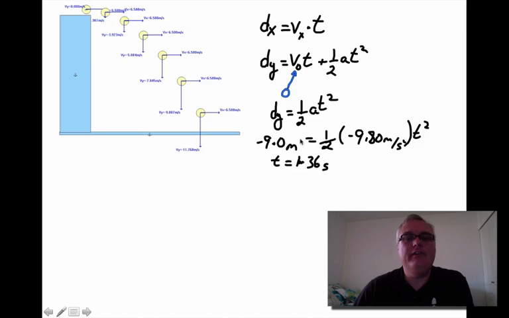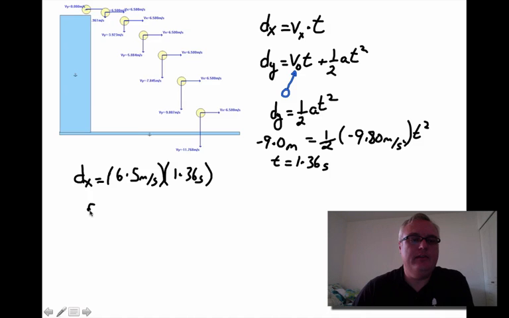And now that I have the time, I can substitute that up here to get the displacement in the x direction. So in the x direction, it's traveling at 6.5 meters per second for a time of 1.36 seconds, giving us a displacement of 8.8 meters.